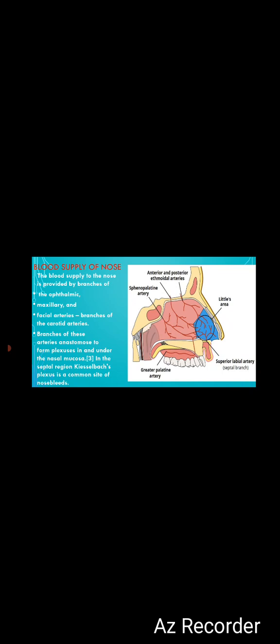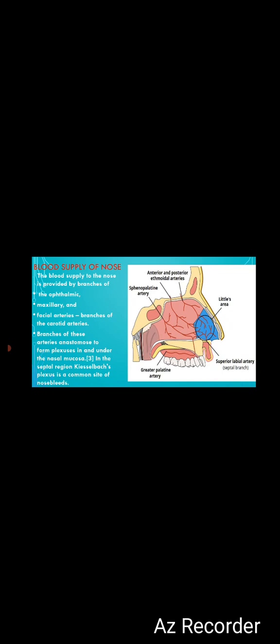All these branches form anastomosis and form the Kiesselbach's plexus, a common site of nose bleeding.